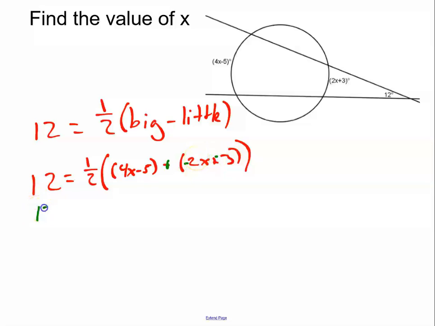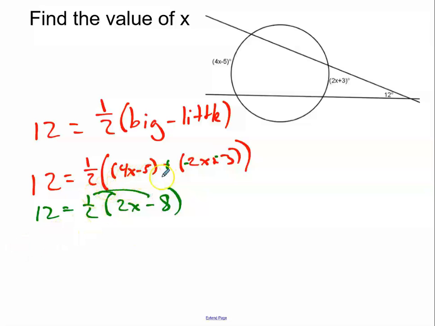So then, when I combine my like terms, I would have 4x and minus 2x, which is 2x, and negative 5 minus 3, which is negative 8. All right, then I need to distribute that half.